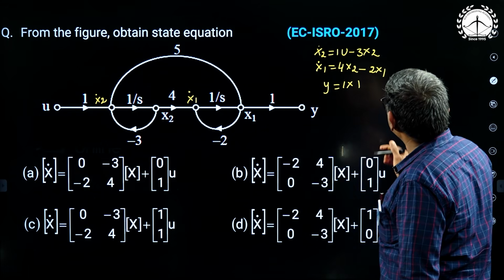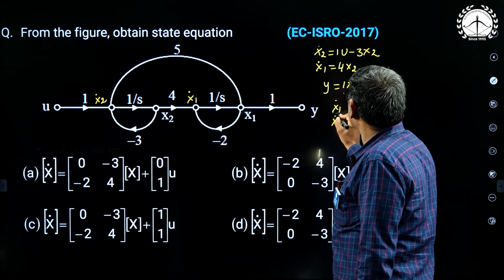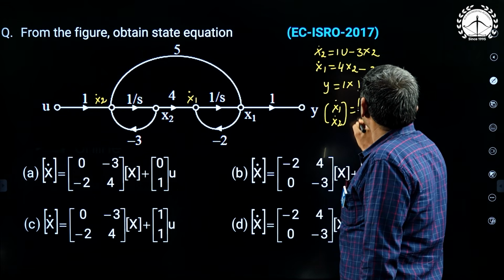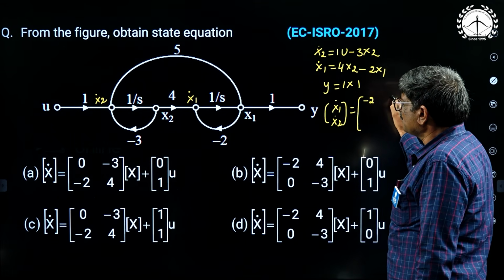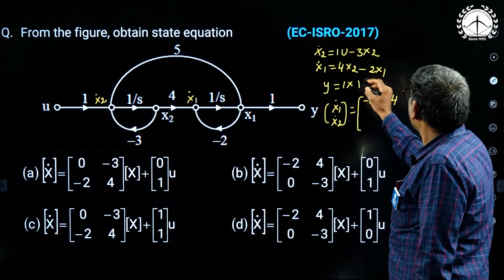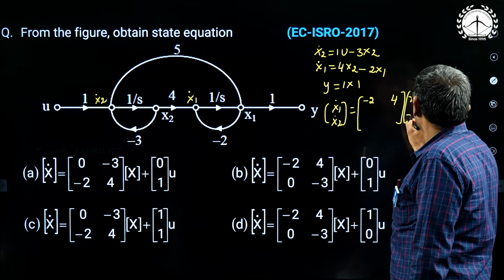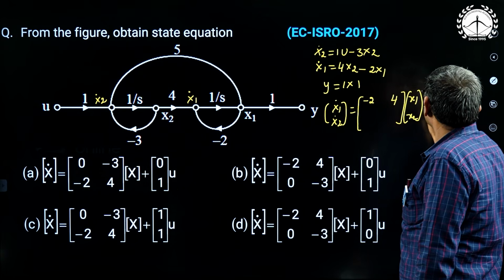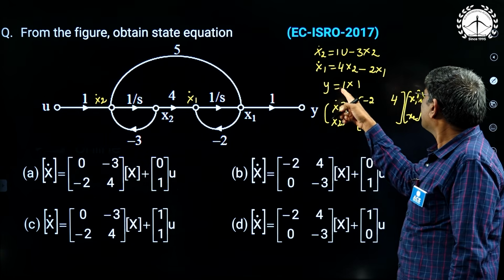Now write the state model. x1 dot and x2 dot equal to A, linked with minus 2 and 4, into x1 x2, plus B into u.